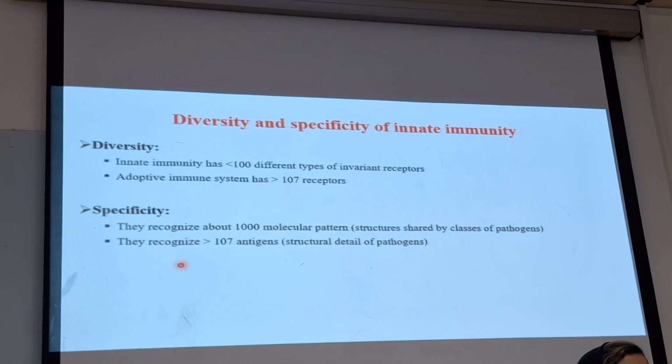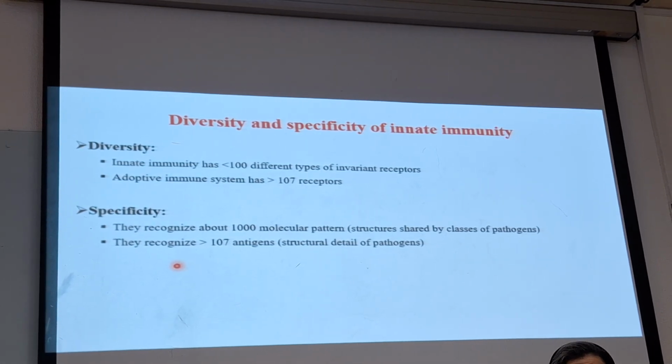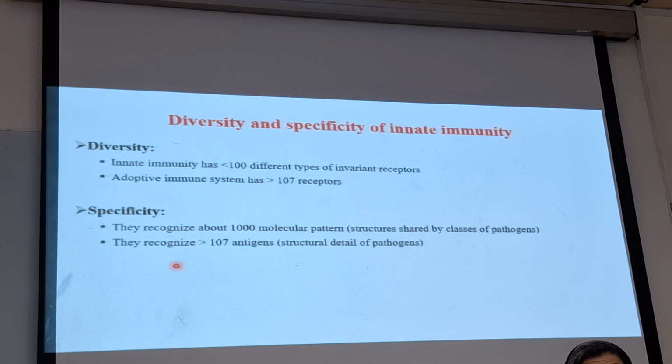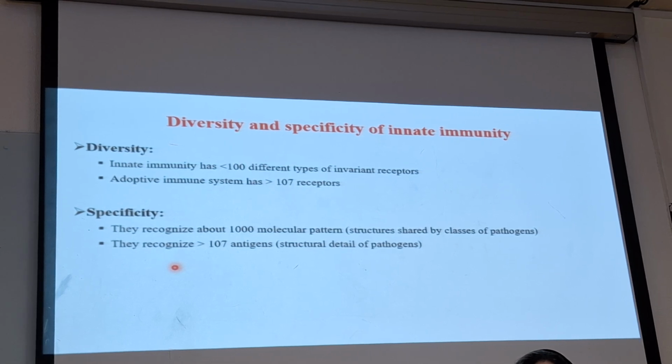So these receptors in the adaptive immune system are able to recognize more than 10 to the power of 9 antigens, and they are able to recognize little differences between different pathogens specifically.